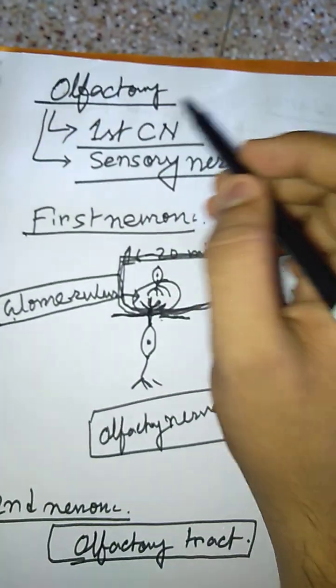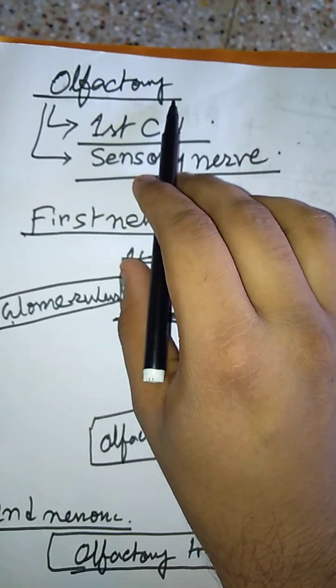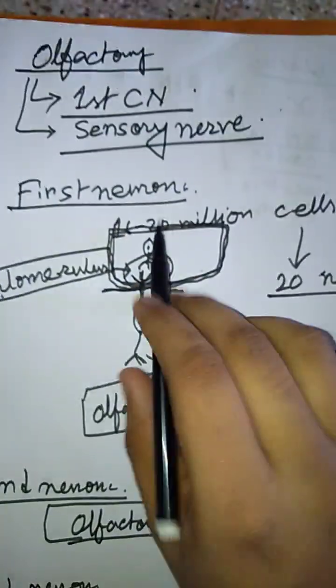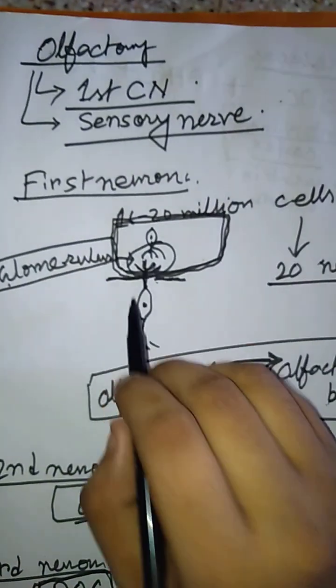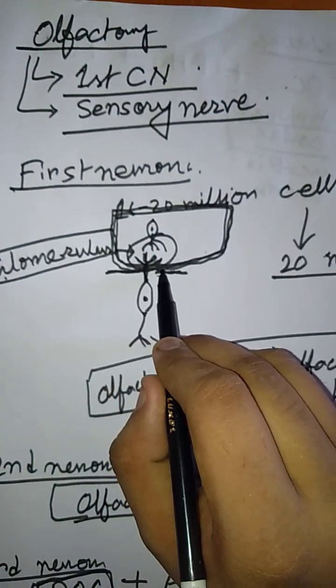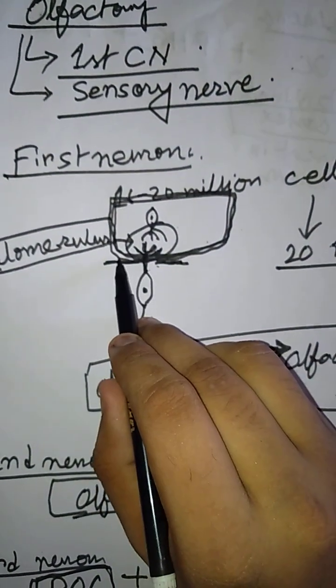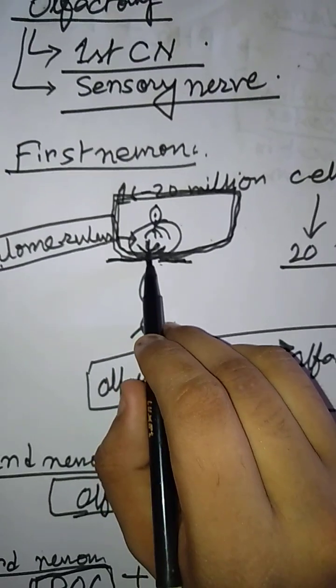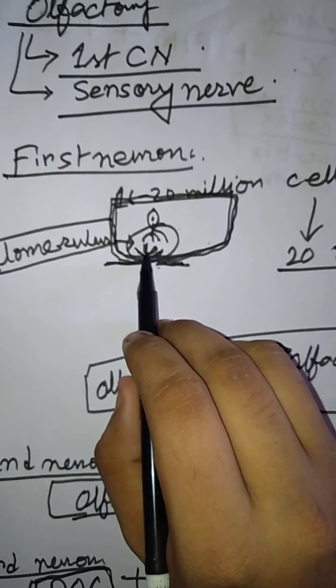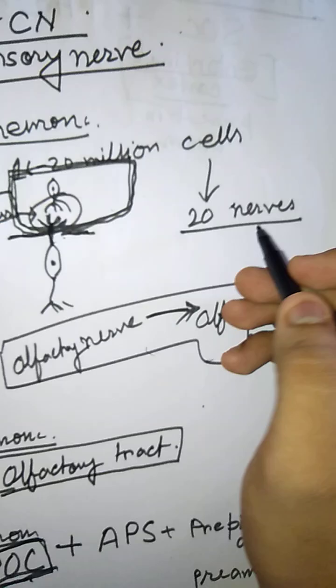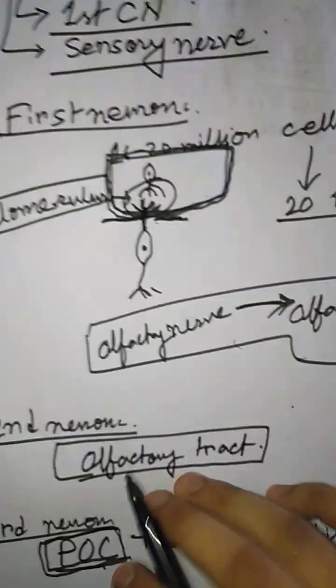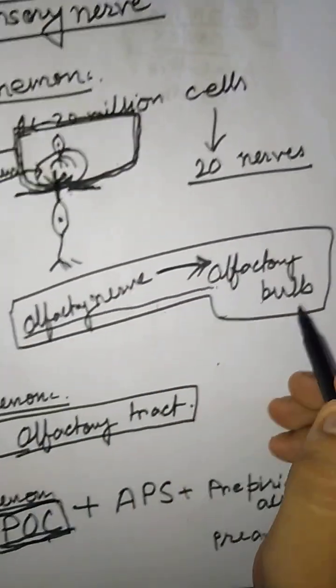Okay, I am going to recap. The olfactory nerve is the first cranial nerve. It is a sensory nerve. First neuron means that after passing via the cribriform process of the ethmoid bone, it forms the glomerulus and goes to the olfactory bulb. So the olfactory nerve goes to the olfactory bulb.